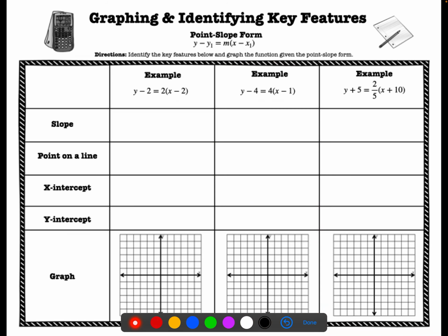All right, let's get into it. Let's say we have, for example, y minus 2 equals 2 times x minus 2. Note that the number in front of our parentheses, that's the slope, 2. And the 2 that's with the x inside the parentheses, that's the x coordinate of our point.